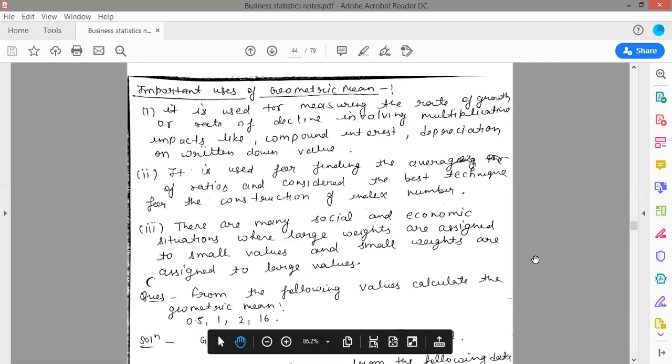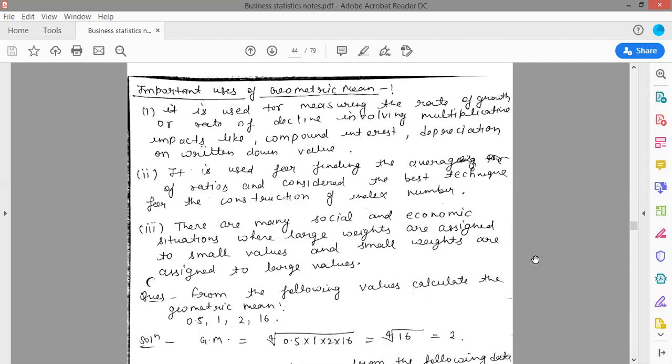Second one, it is used for finding the average of ratios and is considered the best technique for the construction of index numbers. Third one, there are many social and economic situations where large weights are assigned to small values and small weights are assigned to large values. Basically, the main use of geometric mean is that it is used for finding the average.